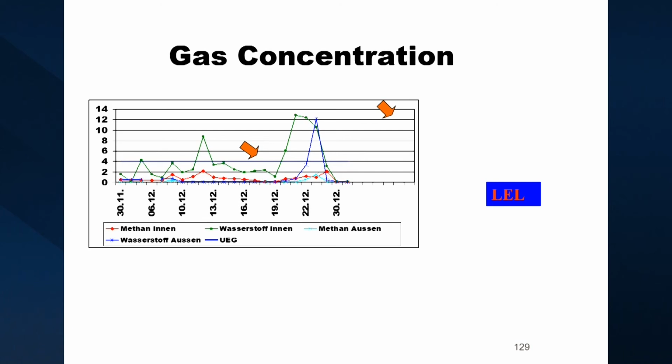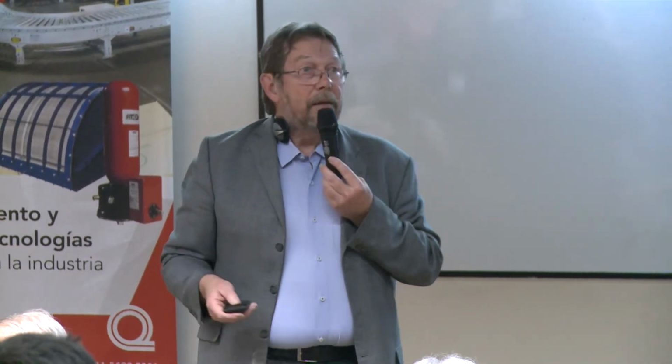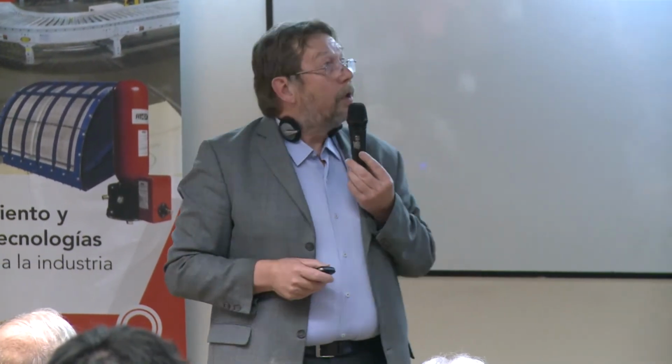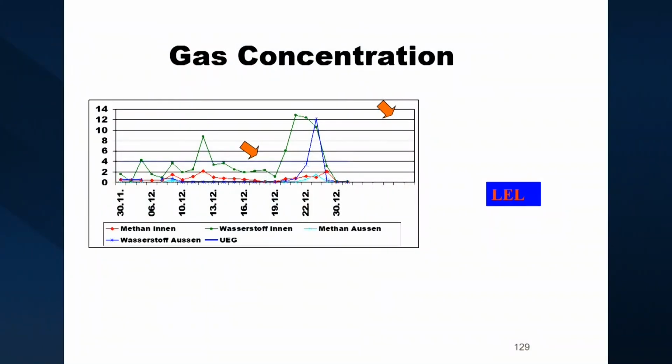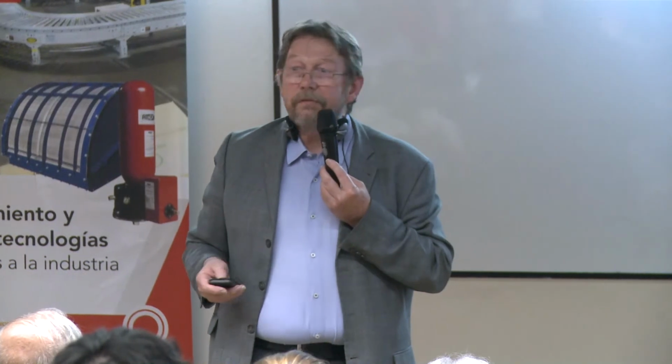So now suddenly we ended up not only having a pellet silo on fire, but we had big concentrations of hydrogen gas, which is very easily ignited, and we had methane in it. And as I said, New Year's Eve coming up, where people use fireworks, which we didn't want them to.